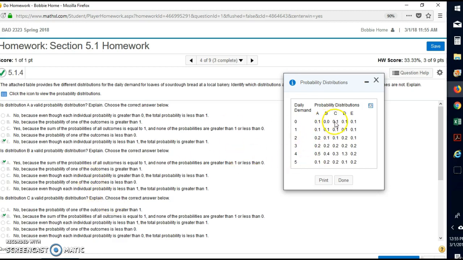Now let's look at C. All right, everything looks good as far as greater than 0 and less than 1: 1, 2, 3, 5, 8, 10, which would add up to 1.0.